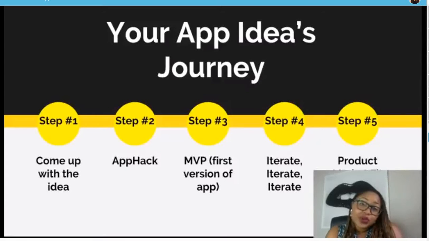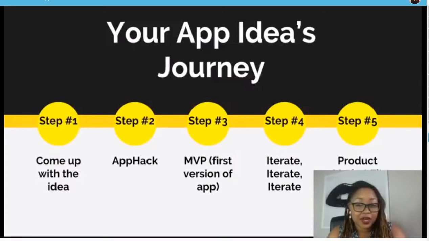Step 2 is to create your app hack, which, if you remember, is a simplified version of your app. Step 3 is to create an MVP. This is the first formal version of your app. MVP stands for minimum viable product, a term that you'll hear in technology very frequently.